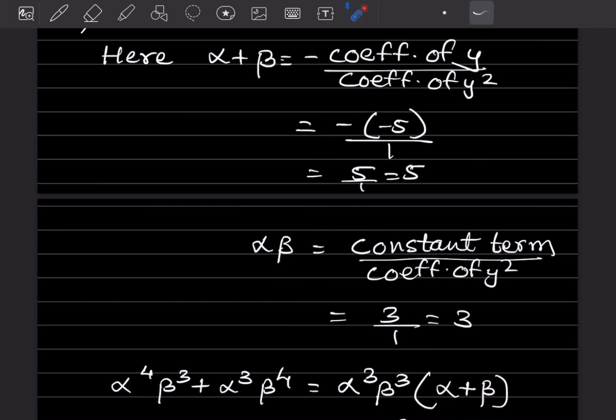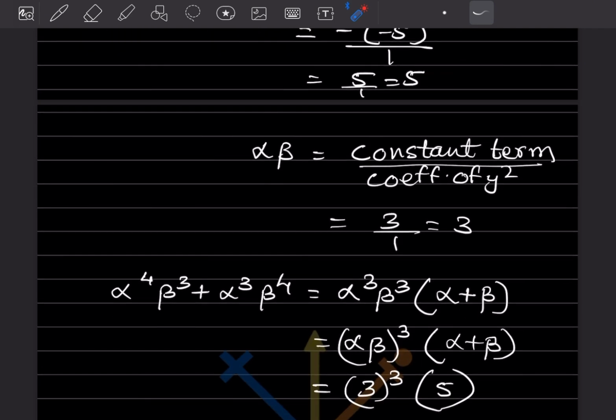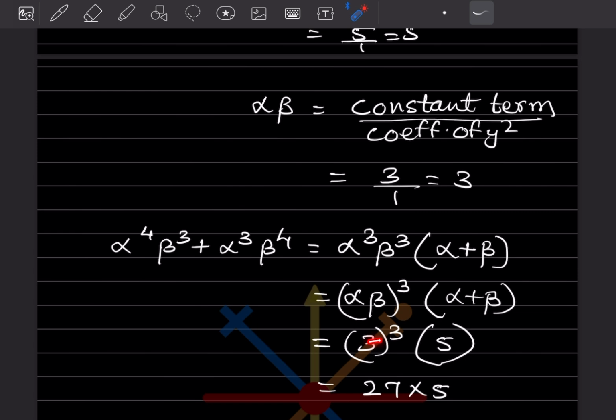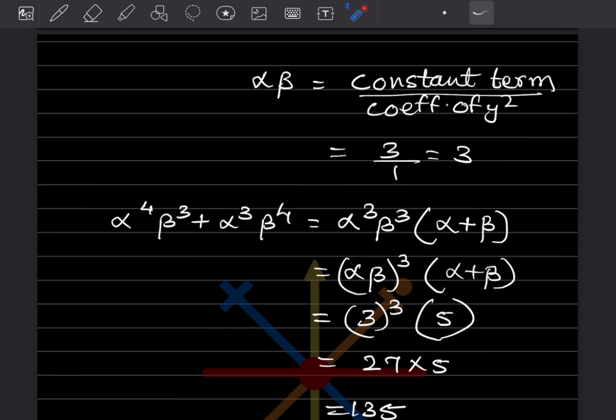Also we know the value of alpha plus beta, that is 5, so we can keep it as it is. Now alpha beta is 3, so that will be 3 cube, and alpha plus beta is 5. When you calculate 3 cube, it's not 9, you have to multiply 3 three times. 3 3s are 9, 9 3s are 27, because many of them just write 9, which is wrong. 27 into 5 is going to be 135.